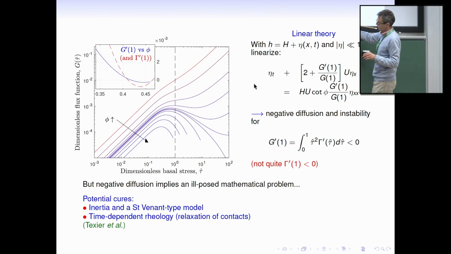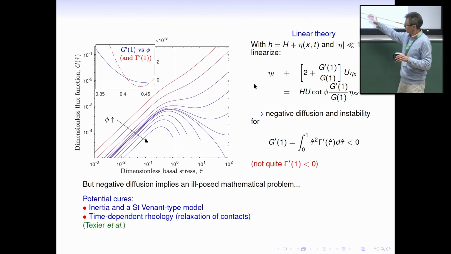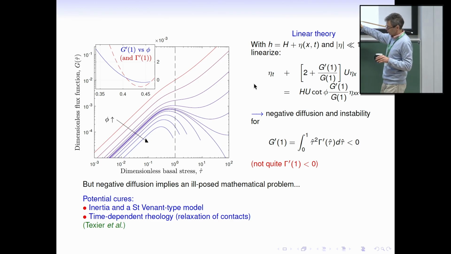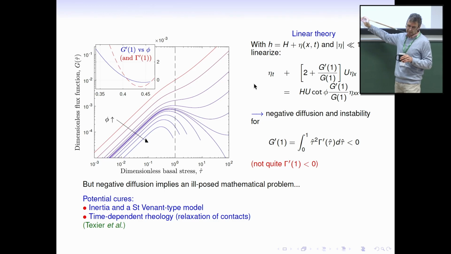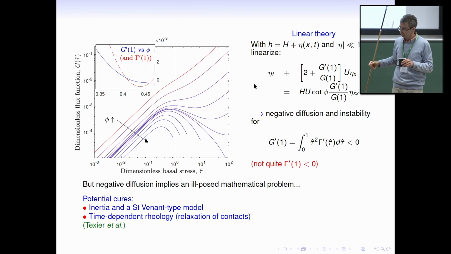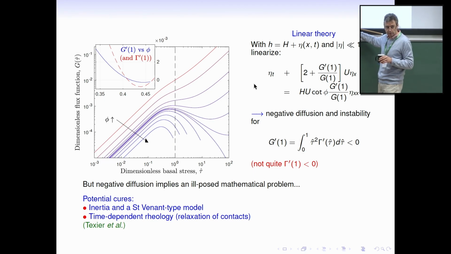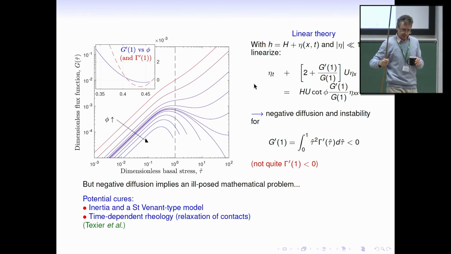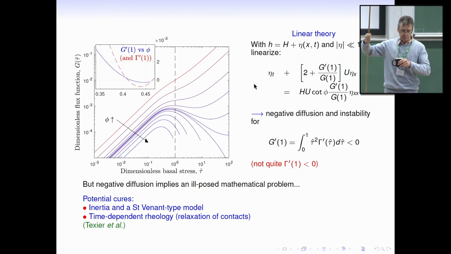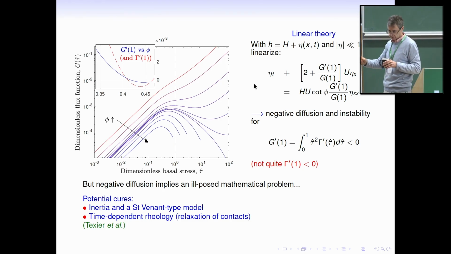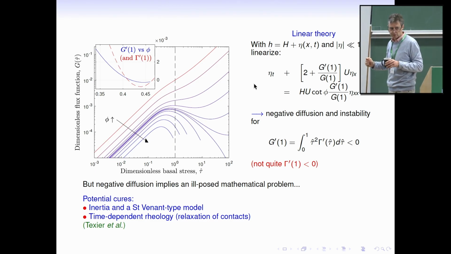Texier et al. appreciated the fact that there were some issues associated with the negative diffusion. One possibility is to try and add inertia in, but this is really slow flow. Another possibility is to make the rheology time dependent, to allow the frictional contacts that are building up the viscosity to somehow relax in time rather than instantaneously change the viscosity.